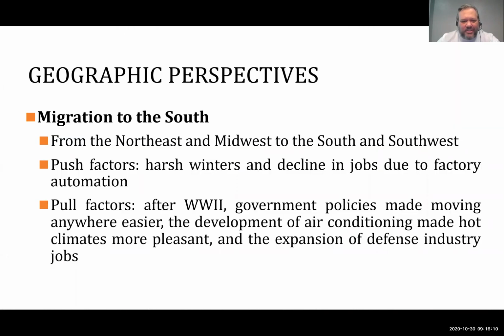All right, the migration to the south is a little bit different. Again, when migration happens, we need to figure out what are the push and pull factors. All right, so the push factors are the harsh winters in the north and a decline in jobs. And so remember, when we talk about migration, oftentimes the biggest driver of migration is economic opportunity. And so that is the same here. So definitely an economic opportunity in the south, and the winters are pretty harsh. Now I will say the summers in Tucson are no picnic. But anyway, the pull factors, so things that are pulling them.